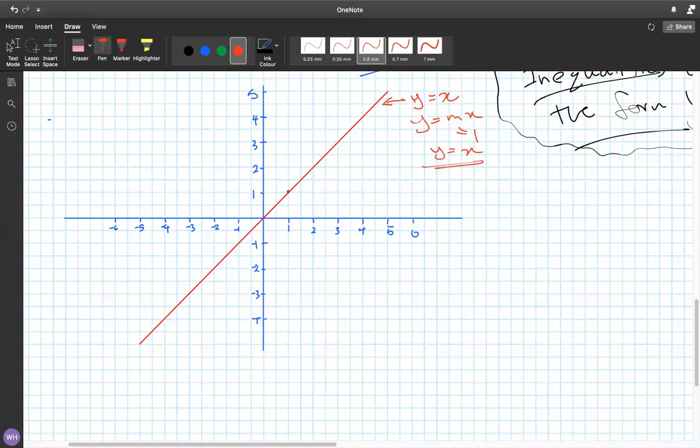If you consider any point on this, let me consider point A, it is (1, 1). And this point B is (3, 3). Any point on this straight line will give the same value for x and y, and also (-2, -2). Both x and y values are equal at any of these points on this straight line.